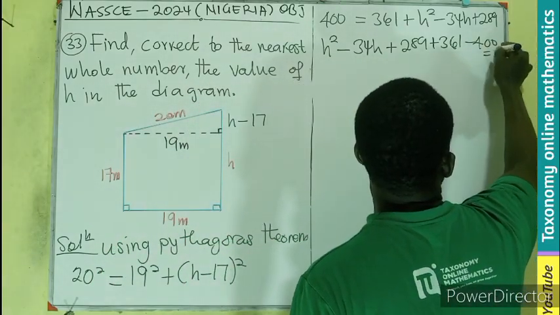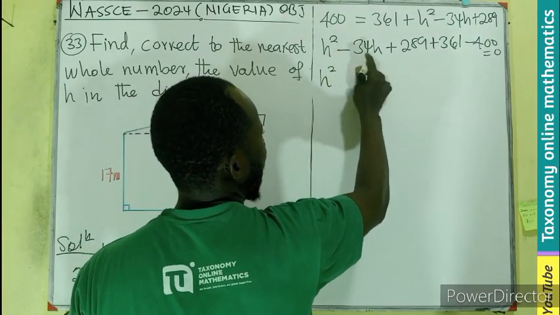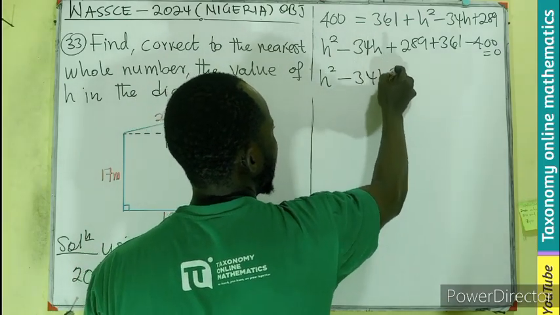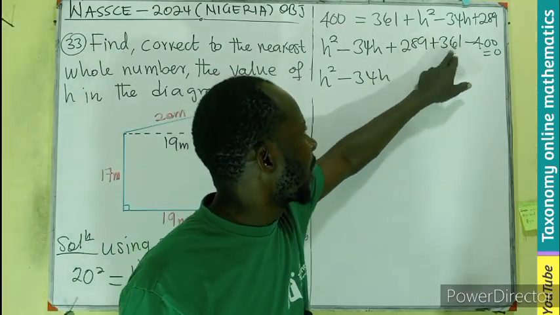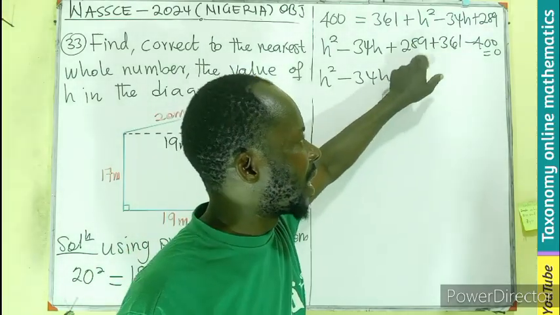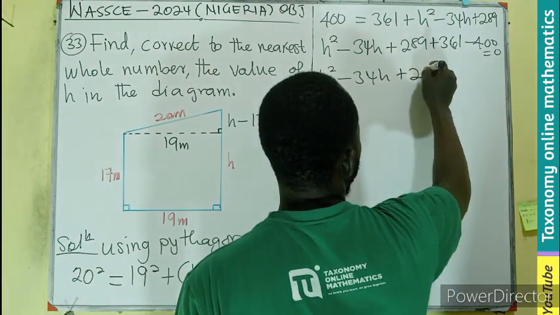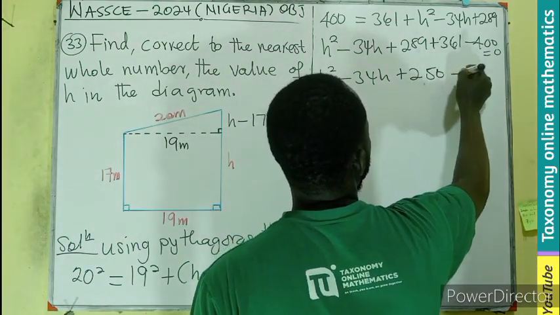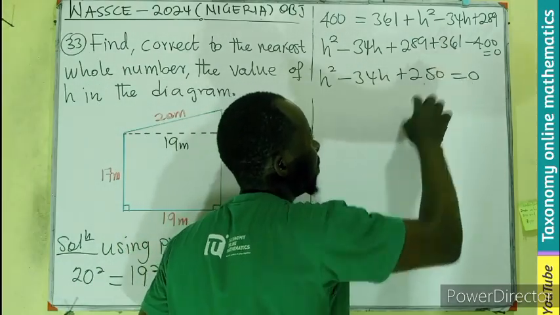Let's remember we have 0 there. So our h square, here I have minus 34h. Then when we add these, we are going to have 650. So 650 minus 400, you will be left with 250 as the constant term. Not 240, 250. All right.